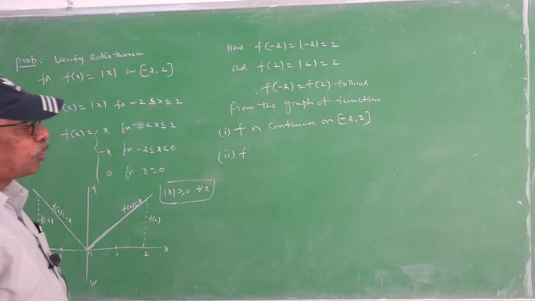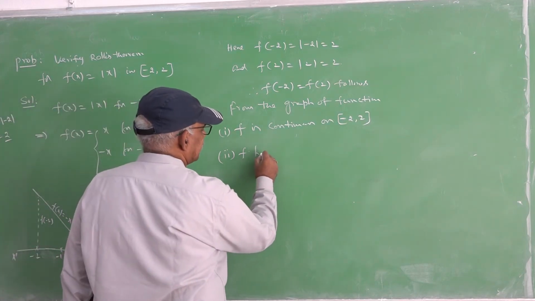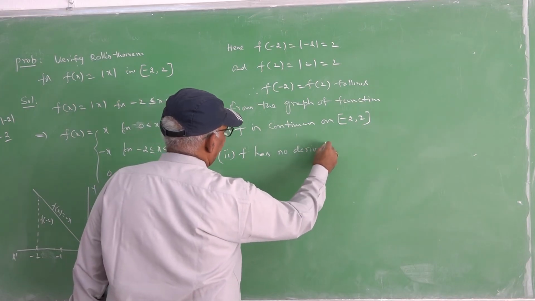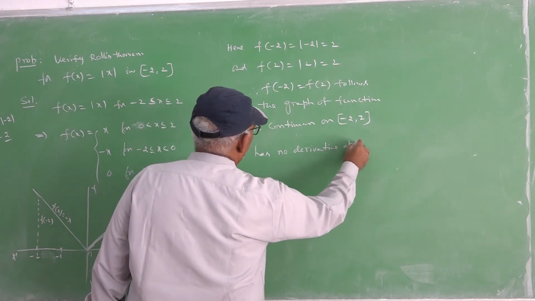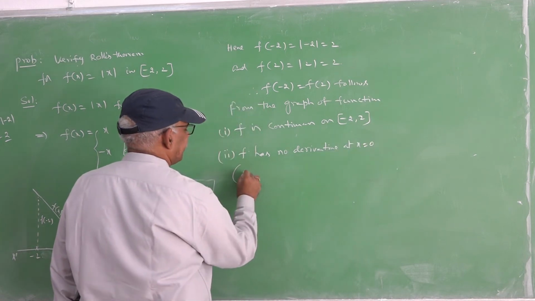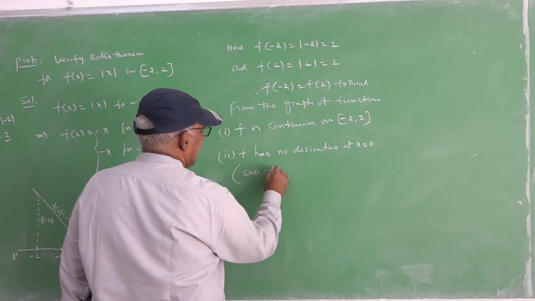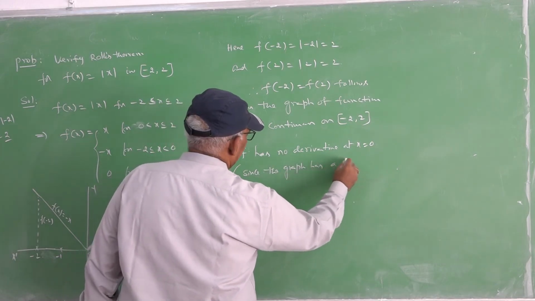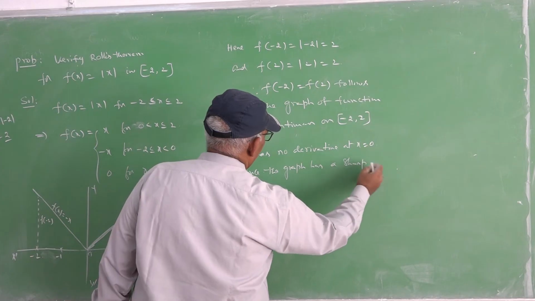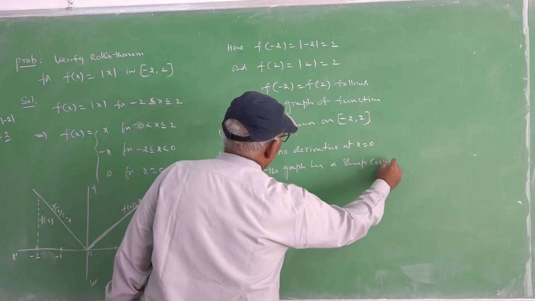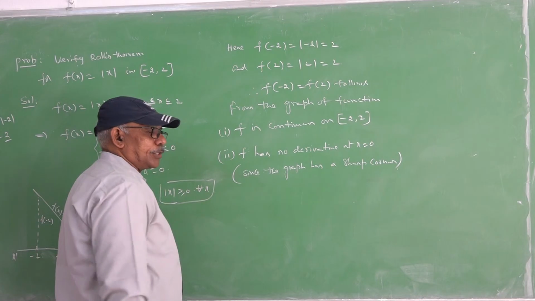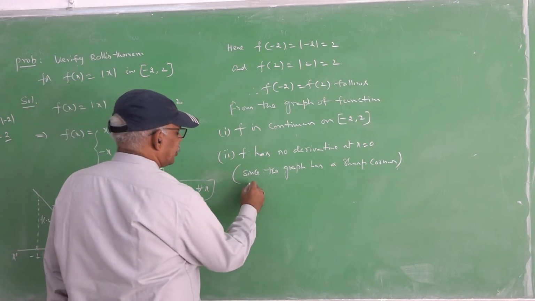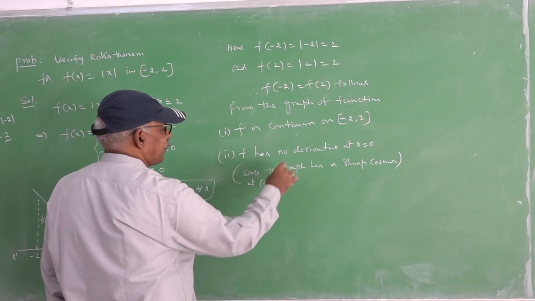That is one important point. f has no derivative at x equal to 0, since the graph has a sharp corner at (0, 0). So f has no derivative.